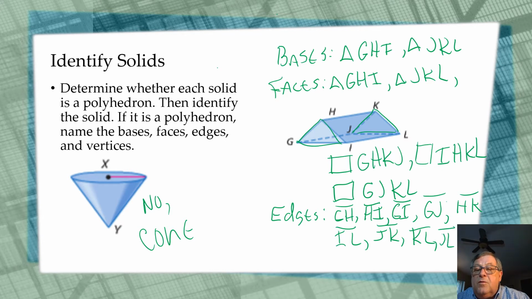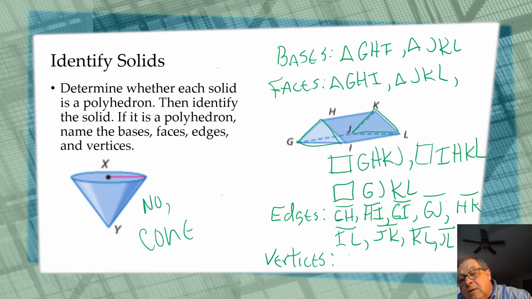All right, 1, 2, 3, 4, 5, 6, 7, 8, 9. Yeah, okay. All right, then lastly, we've got the vertices. Well, the vertices are the corners. 1, 2, 3, 4, 5, 6. I think there's 6 of those. Yeah, 6.